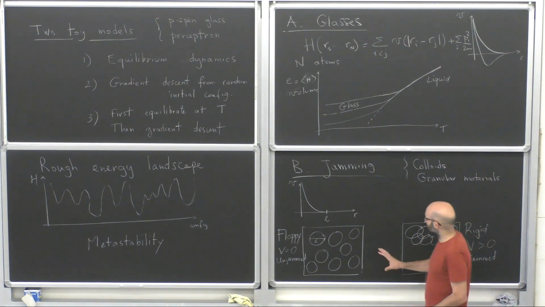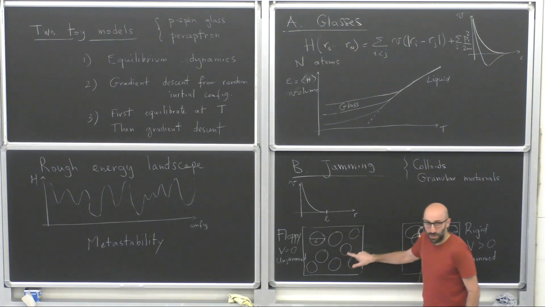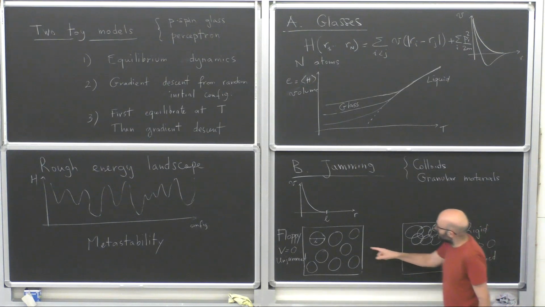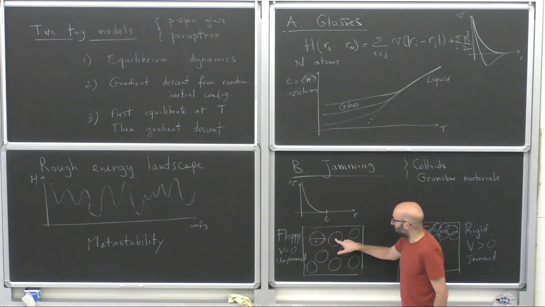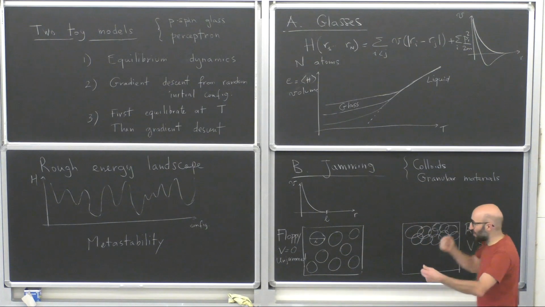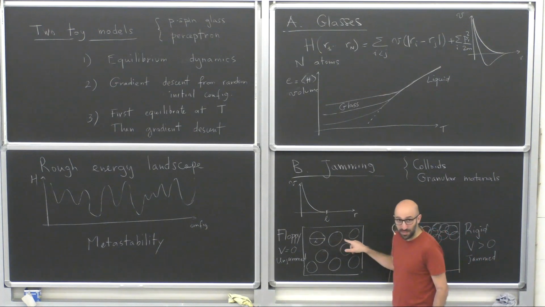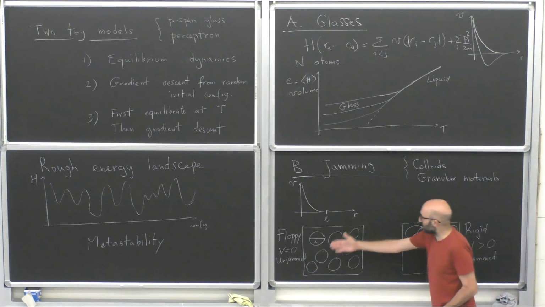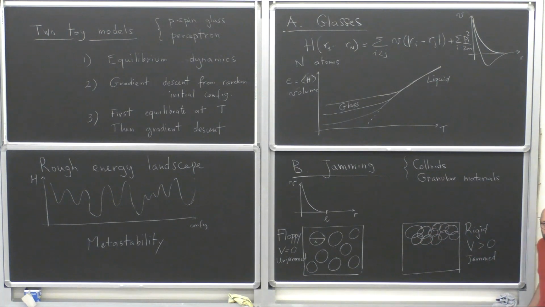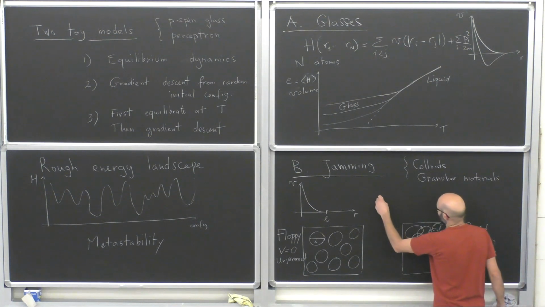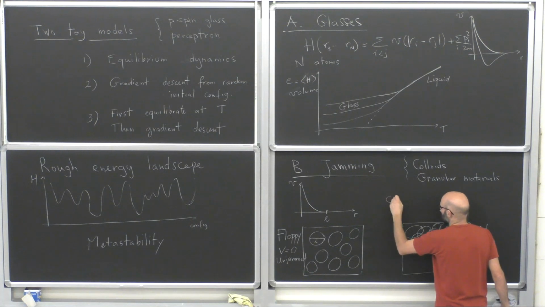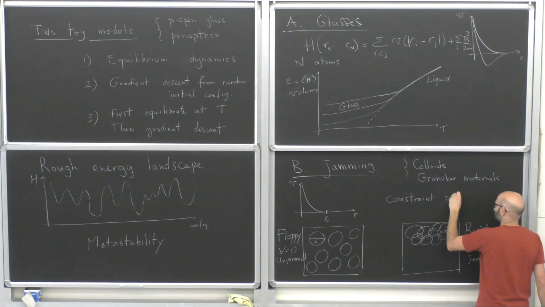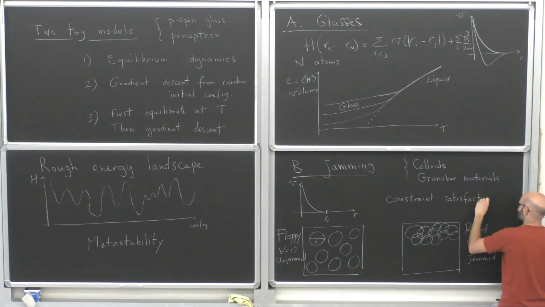So you have some variables. Your variables are the positions of the particles. You have some constraint. The constraint is that each pair of particles should be sufficiently far apart that they don't interact. And the question is, can you fit the particles in the box in such a way that they don't interact, okay? So this is an example of what is called a constraint satisfaction problem.